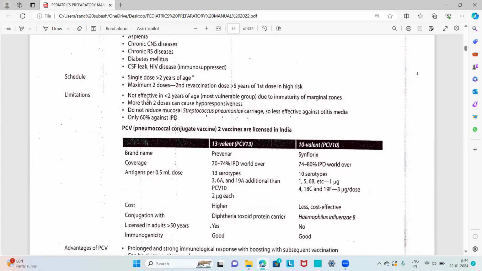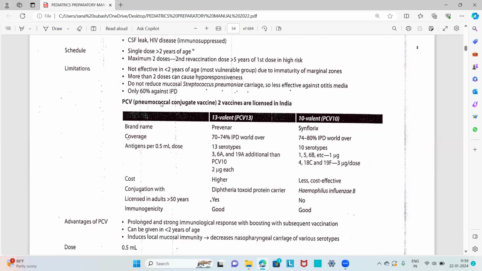Limitations: the pneumococcal polysaccharide vaccine is not effective in children less than 2 years of age due to the immaturity of the marginal zones. More than 2 doses can cause hyper-responsiveness, it does not reduce mucosal Streptococcus pneumoniae carriage, so it is less effective against otitis media. Only 60% effective against IPD.